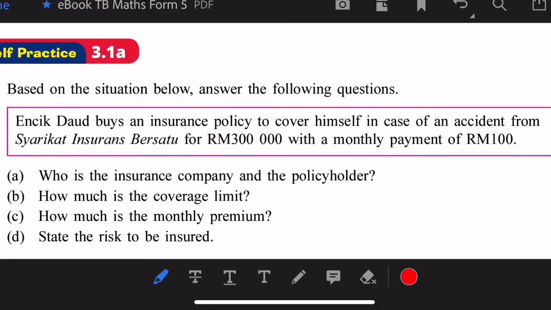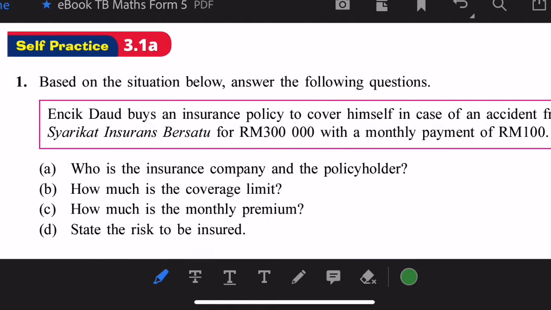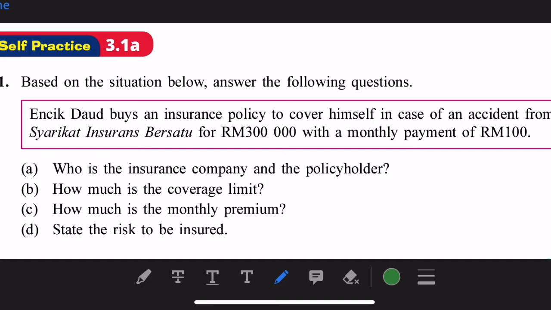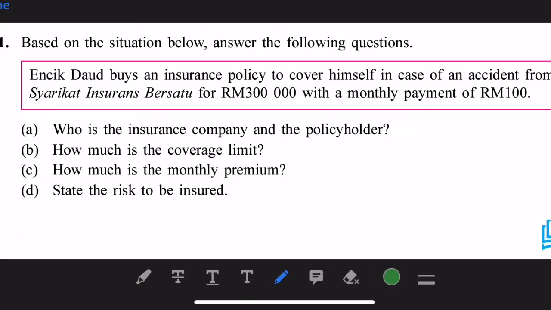Now let's discuss skill practice 3.1a. Based on the situation below, answer the following question. Let's study the case.